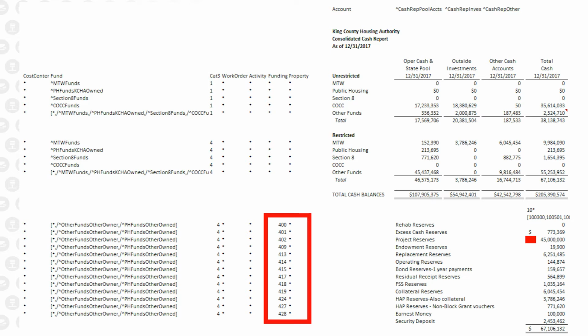In the old system, we'd know that we had $6 million, but we'd have no idea, without a lot of research, going into the other system and creating and running a report, which properties that relates to. Here we can just click on that $6 million number, and boom, up pops the detail of what makes that up.